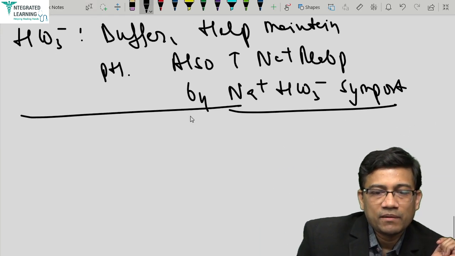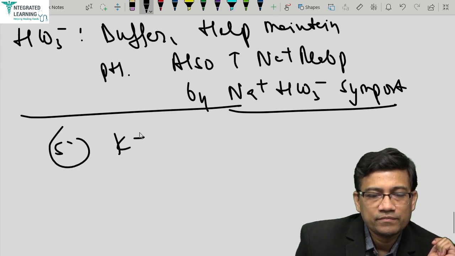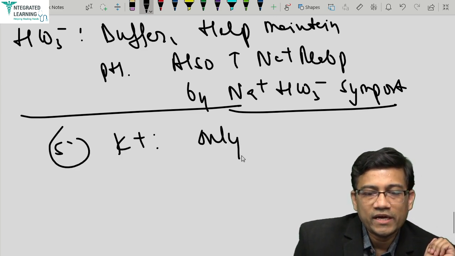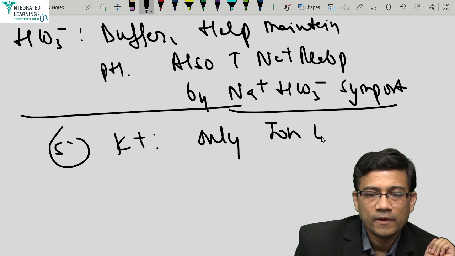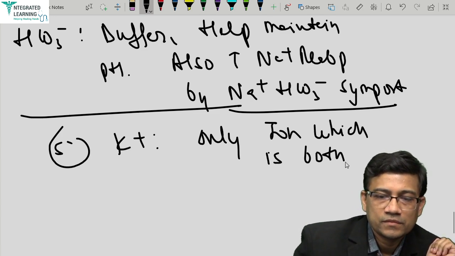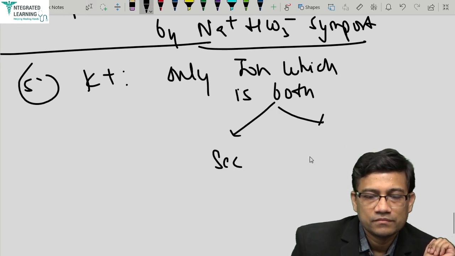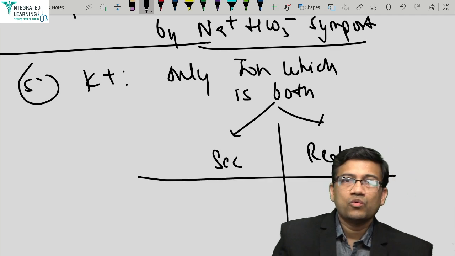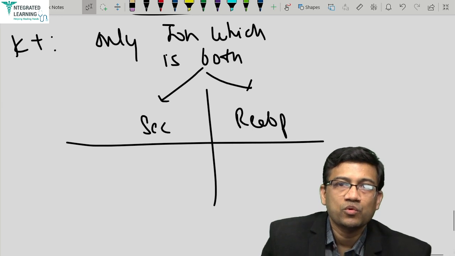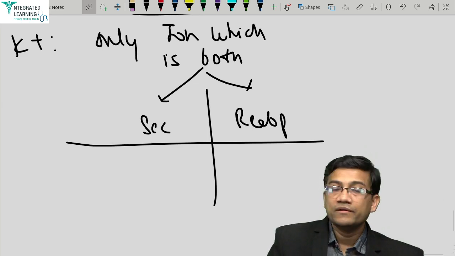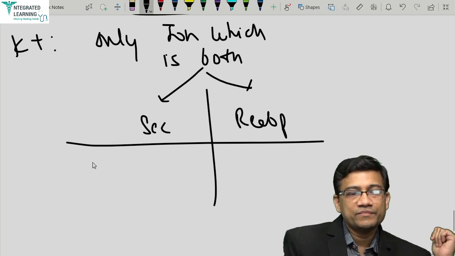Now we see number 5, potassium. It is the only ion which is both secreted and reabsorbed. Where is it secreted?